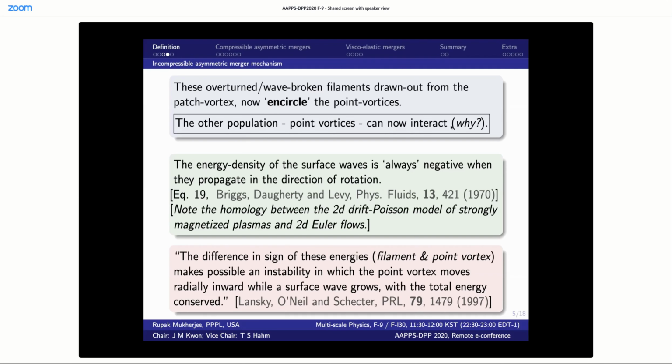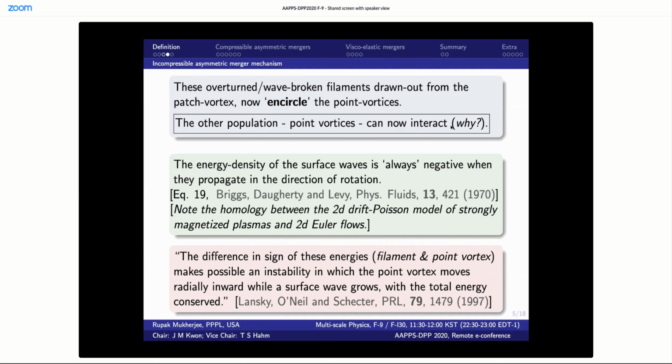And let's now try to answer why they interact. I mentioned the homology between two-dimensional incompressible inviscid hydrodynamics and the 2D drift Poisson model. If you go to this reference, you will see the energy density of the surface waves is always negative.